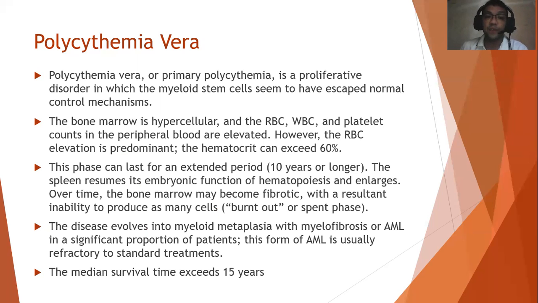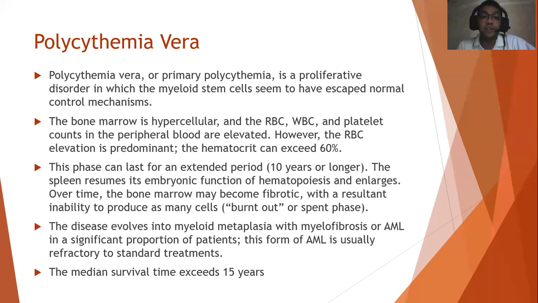This phase can last for an extended period, 10 years or longer. And the spleen resumes its embryonic function of hematopoiesis and enlarges. Over time, the bone marrow may become fibrotic, with the resultant inability to produce as many cells as possible. So the bone marrow will experience burnout later on if this happens.